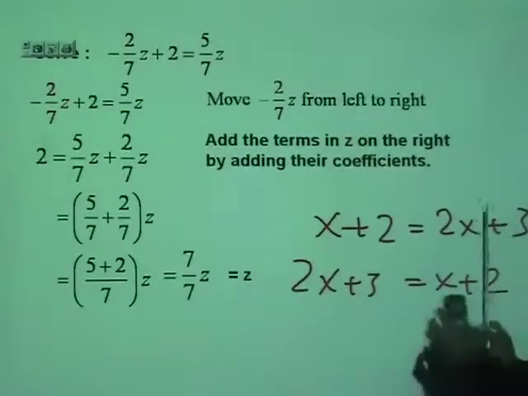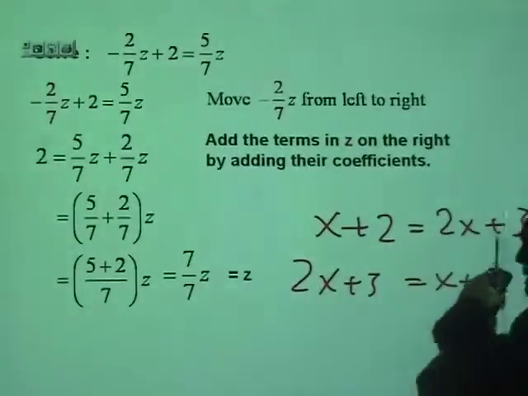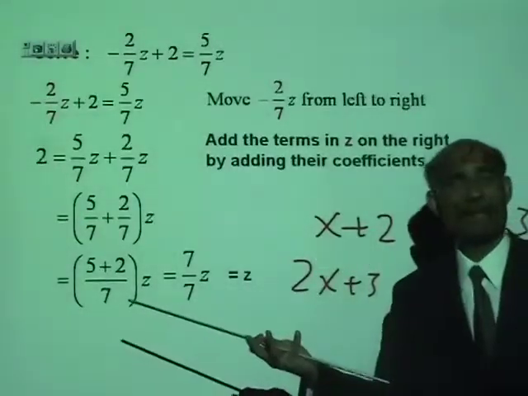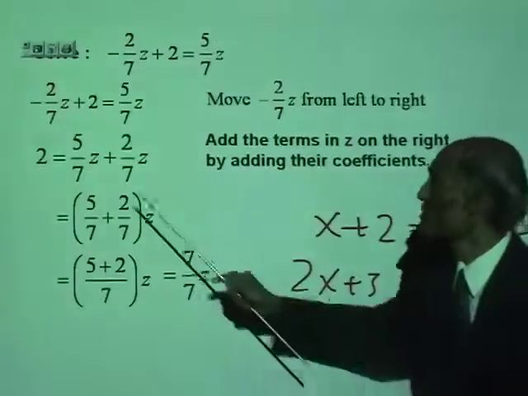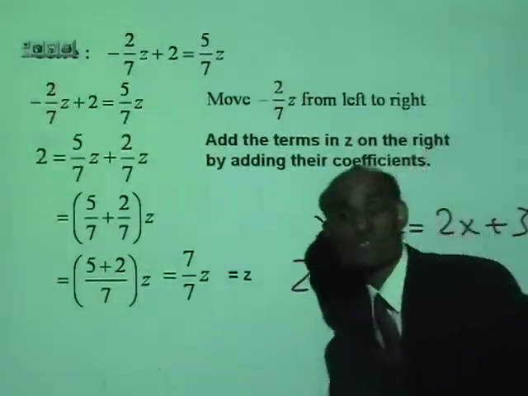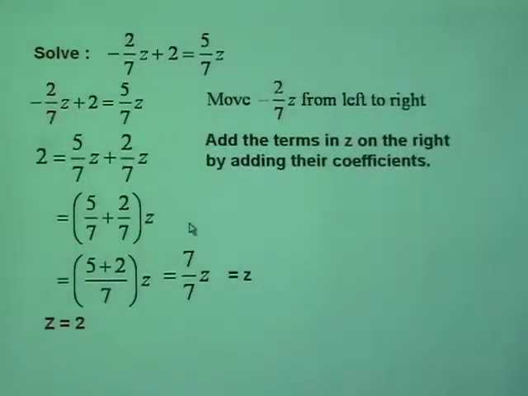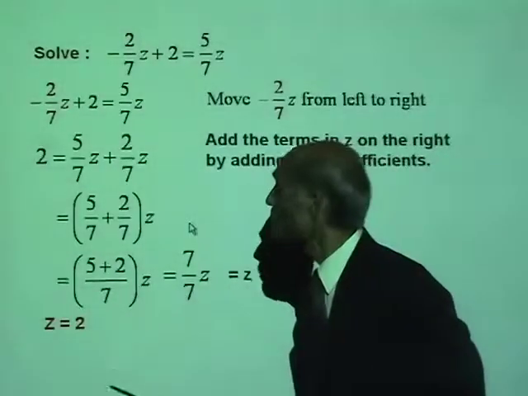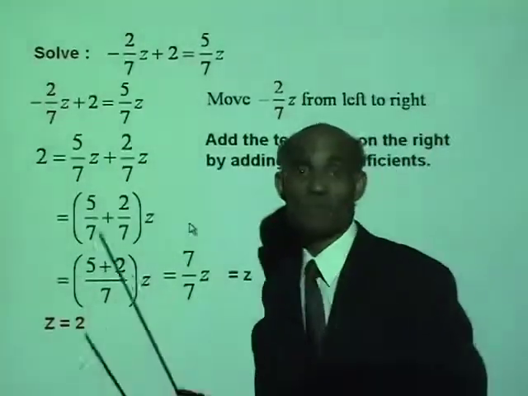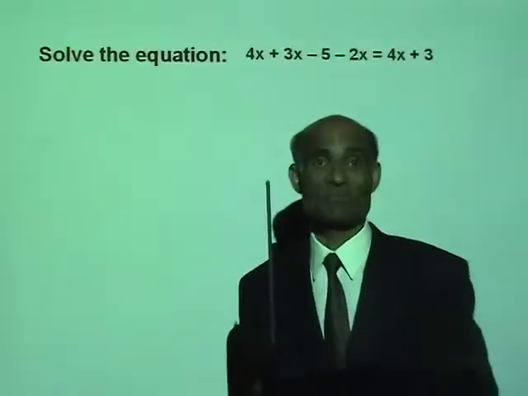Is that right? We can write the right side on the left and the left side on the right without making any real problem. So if 2 equal to z, then z equal to 2. The value of z is 2. Now this is a good way to solve equations like this.